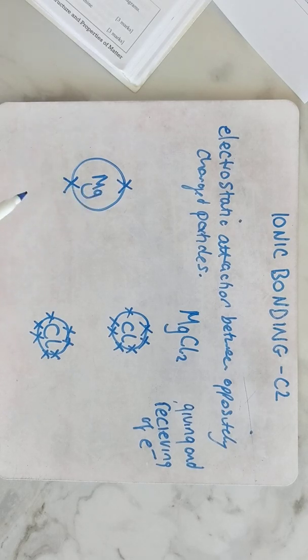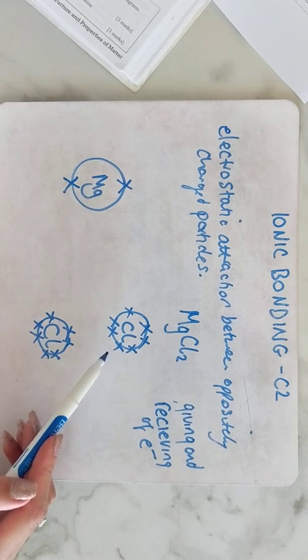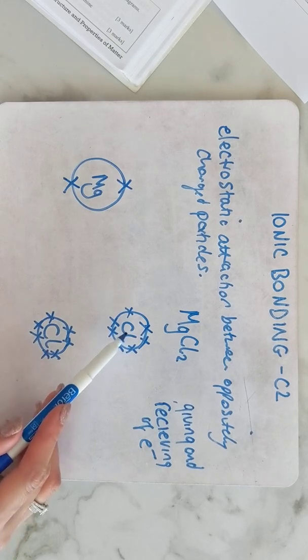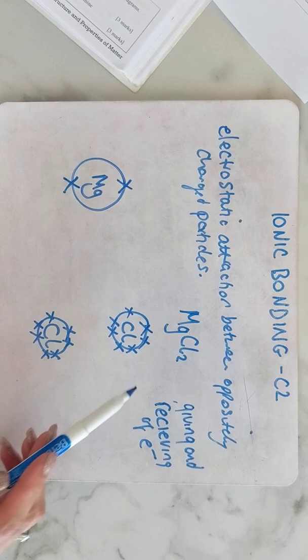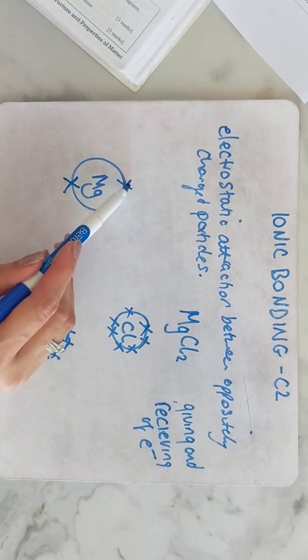Magnesium has 2 in its outermost shell. It's easier for magnesium to lose those 2 than to gain 6. Chlorine has 7 in its outermost shell. It can gain 1 in order to form 8 and be stable. So it can get that 1 from magnesium.